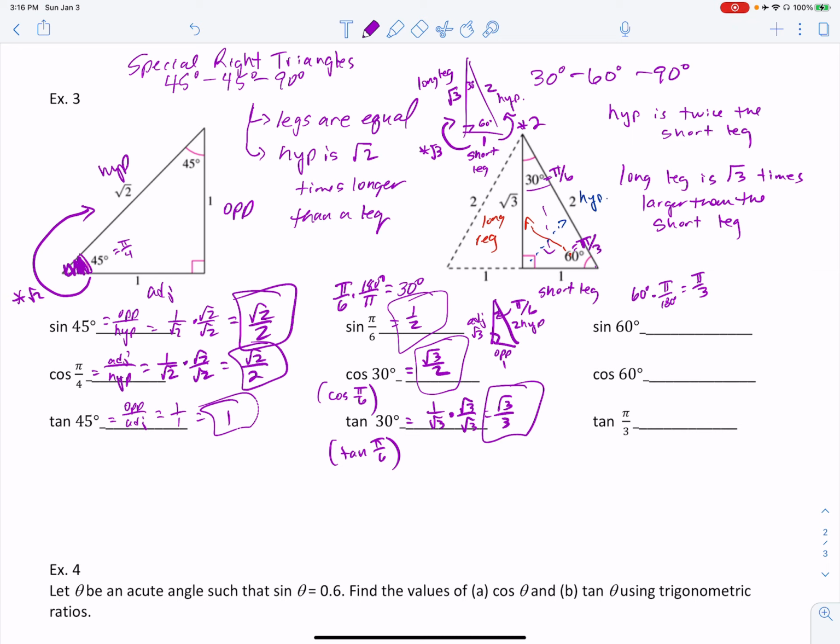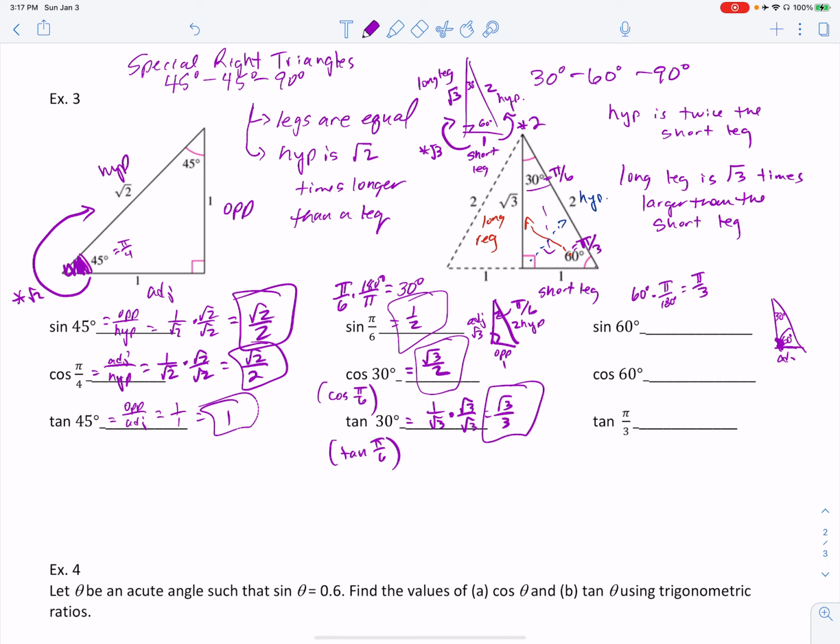Now, when we go to sine of 60 degrees, we've changed the reference angle. So while this is 60 degrees and this is your 30 degree and this is your right angle right in here, now this is your reference angle.